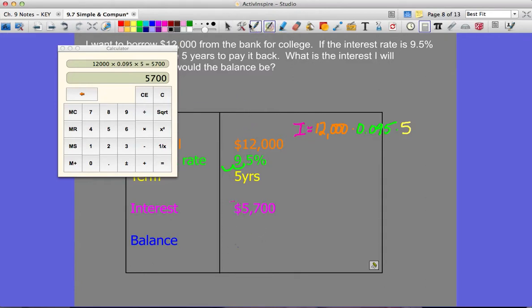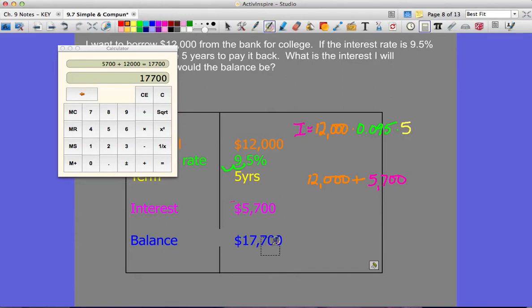So the balance is going to be that original principal, the original 12,000 that we borrowed, plus the interest we accumulated, which is the 5,700. Okay, so we can quickly add these two together, and we know that we are going to have to pay the bank $17,700 in those 5 years.